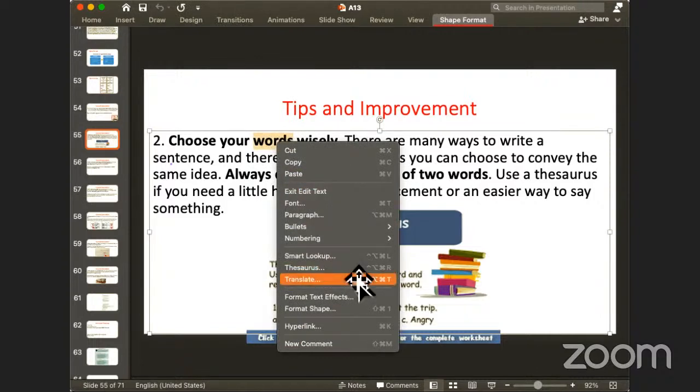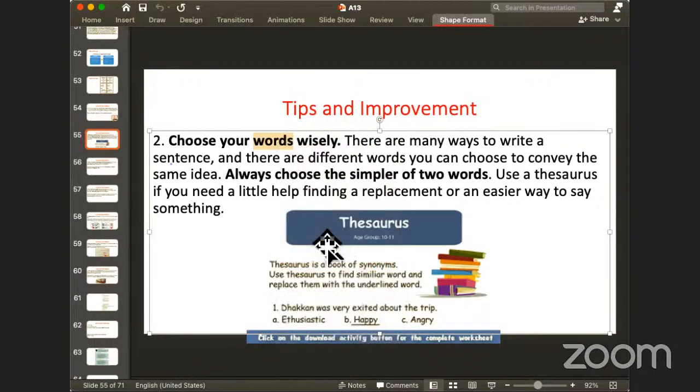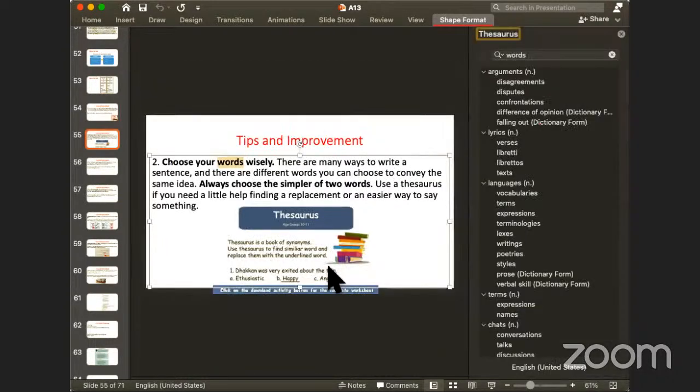I'm not sure if you can see these options, but when you right-click on your mouse, at least in Docs or PowerPoint, you get to choose synonyms, or different words that basically say the same thing, right?